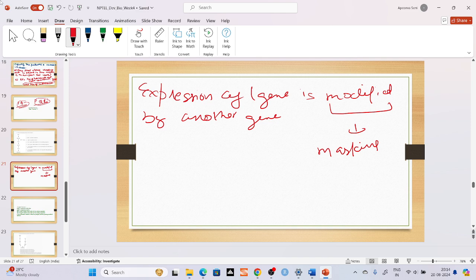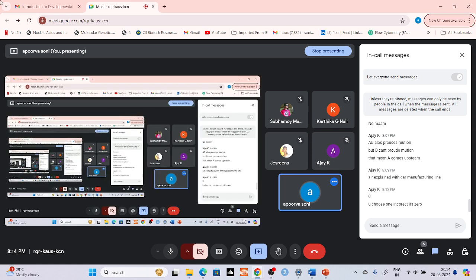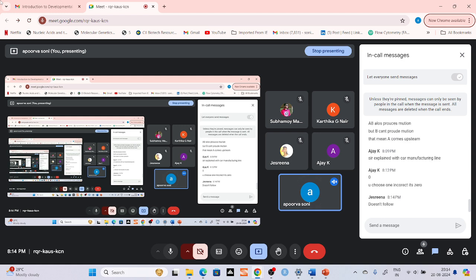Okay. Now, if you remember, we have studied Mendelian genetics. So, what do you think, does this epistasis follow Mendelian laws of genetics, or does it not follow them? No. Good.